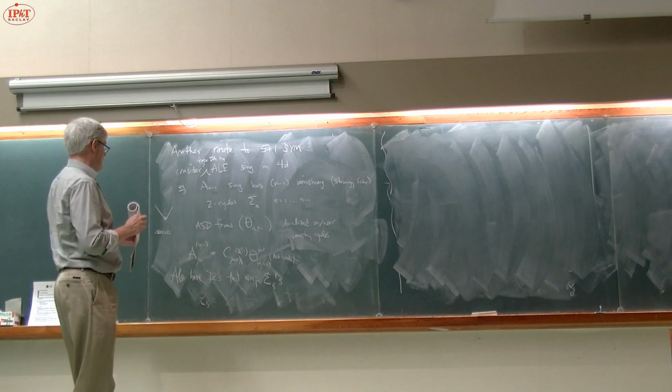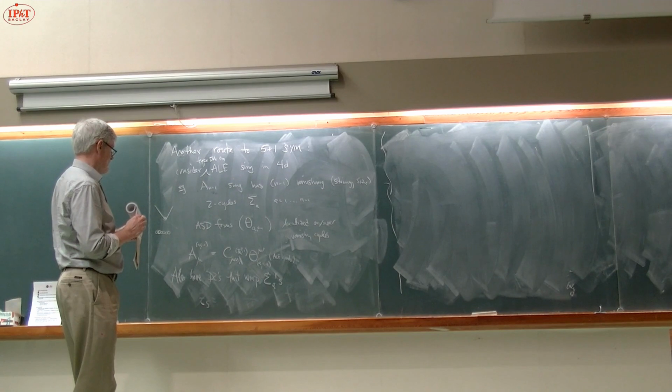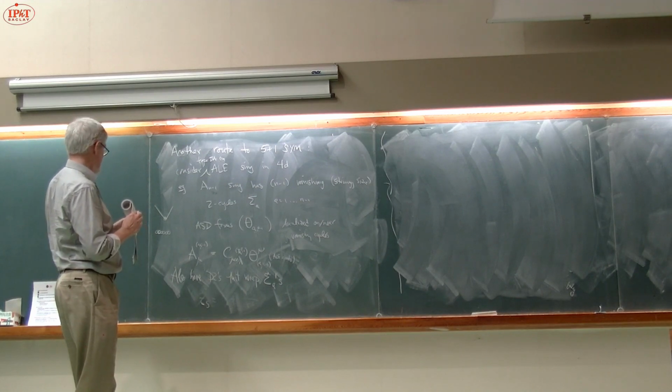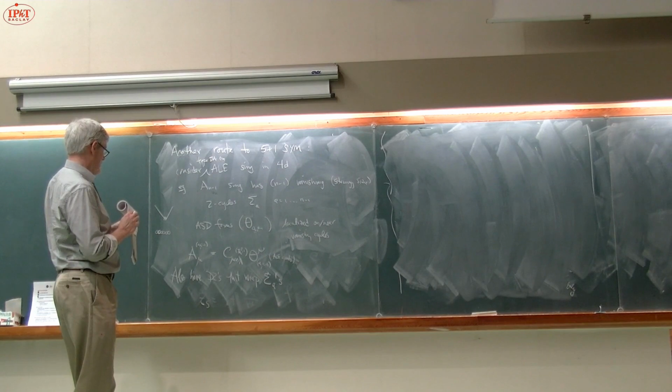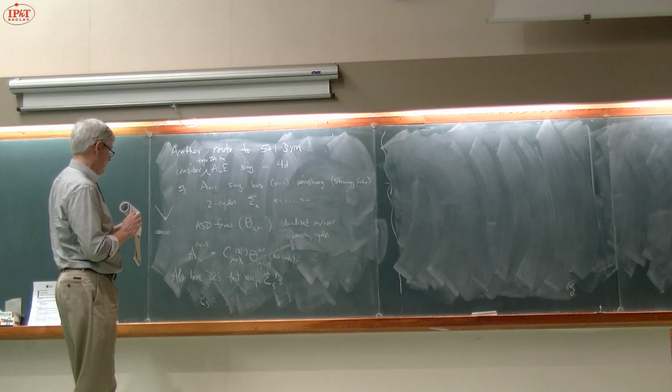But then indeed the 2 cycle has an intersection with the other nearby 2 cycles. So a D2 brane wrapping, let's say the 2-3 cycle, is going to be charged under the theta wrapping the 1-2 cycle.